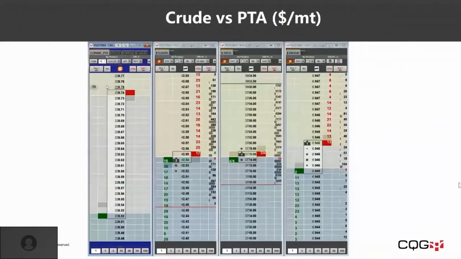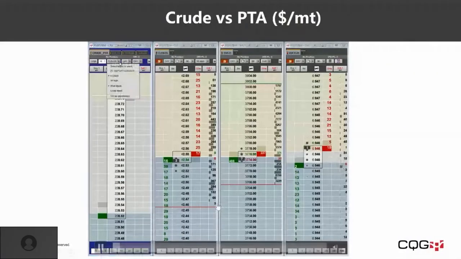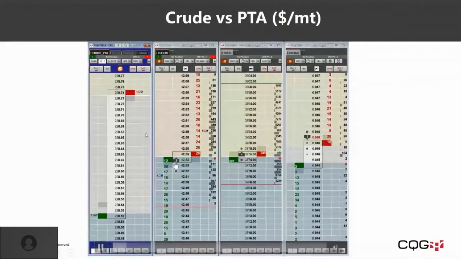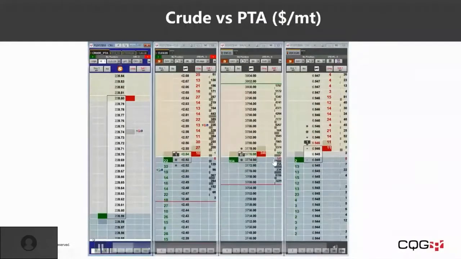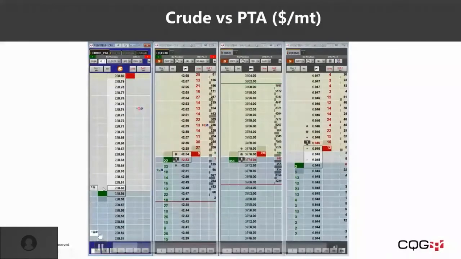This will show me a bid and an offer on WTI, which is the CLE leg that you can see over here, which correspond to the prices that would show me a differential between the other two legs and my spread price.